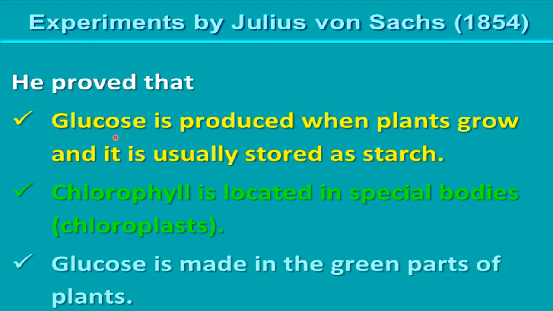About those experiments, it is not in your syllabus. So you just need to know the conclusion given by Julius, that glucose is made in green parts of the plant, and chlorophyll is located in chloroplasts.